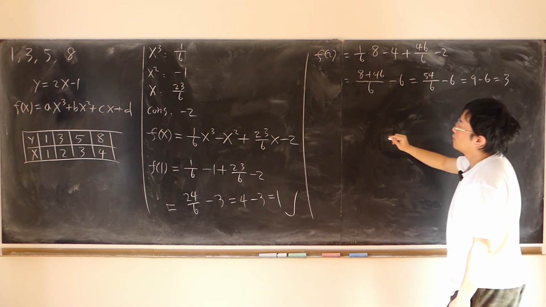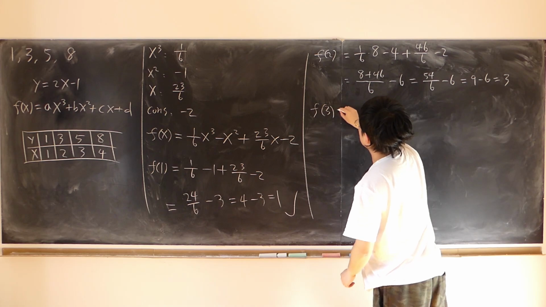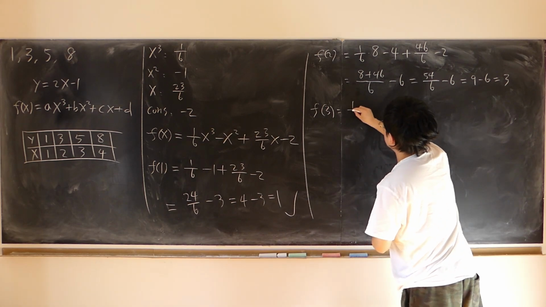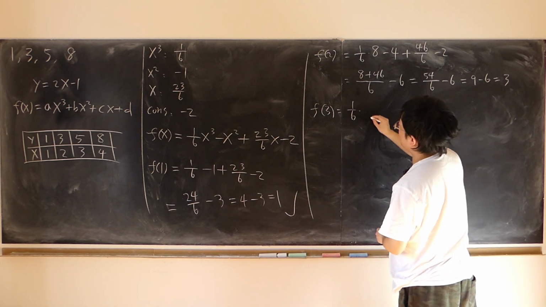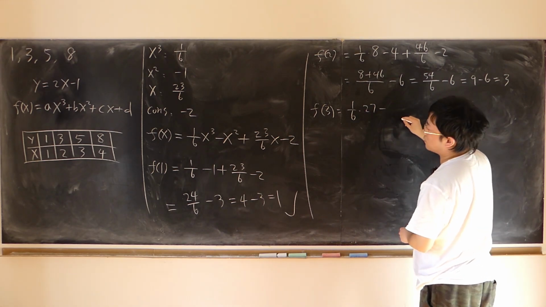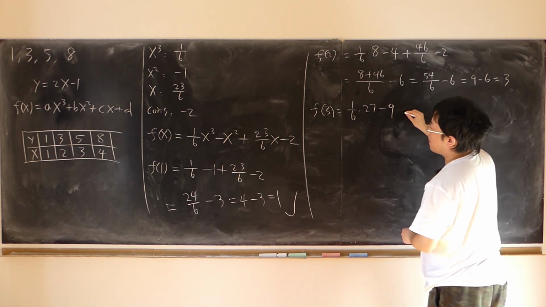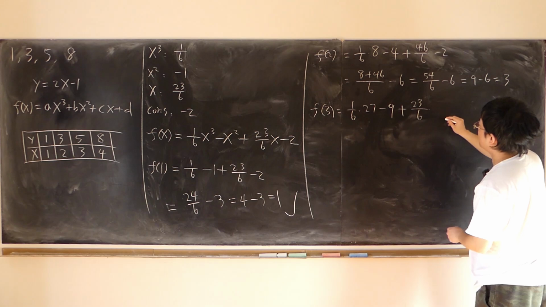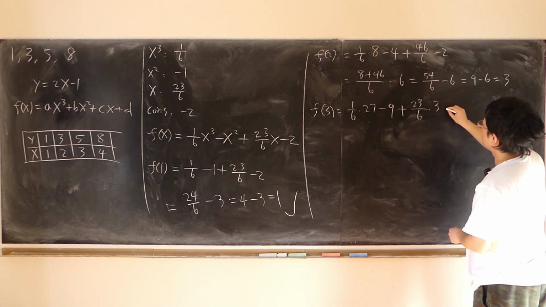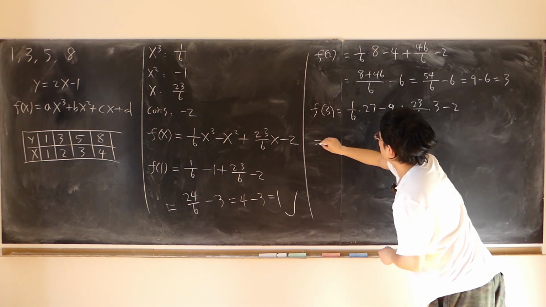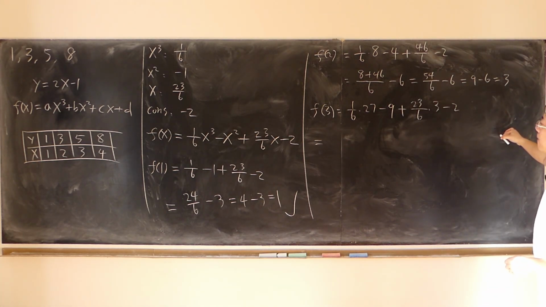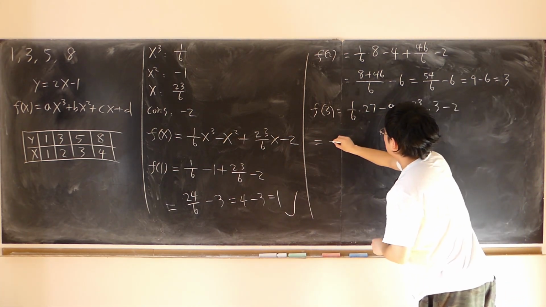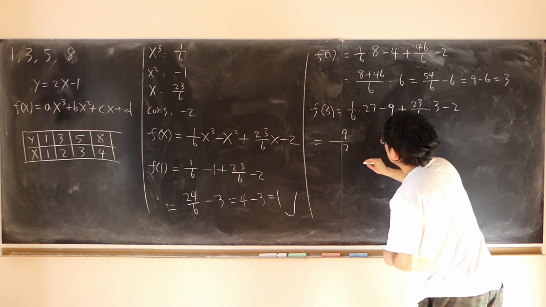Okay. So what is f of 3? Is it really equal to 5? 1 over 6 times 3 cubed is 27. Minus 3 squared, minus 9, plus 23 over 6 times 3. Right? And minus 2. So 27 over 6, so 9 over 2.